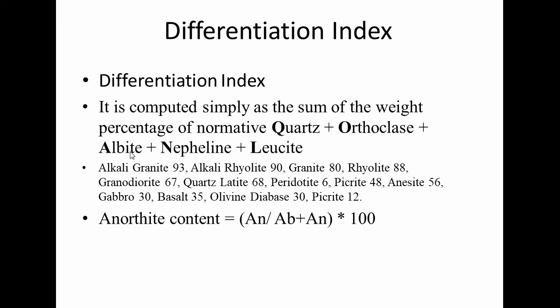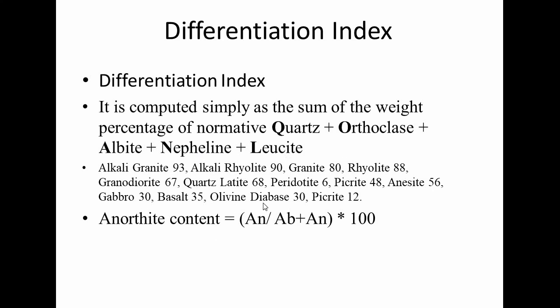You have to remember that never more than 3 minerals will be present in a norm. If nepheline and leucite are present, you are sure there will not be any quartz. Or if orthoclase and albite are present, they will be present with quartz, and then there will not be any nepheline and leucite.